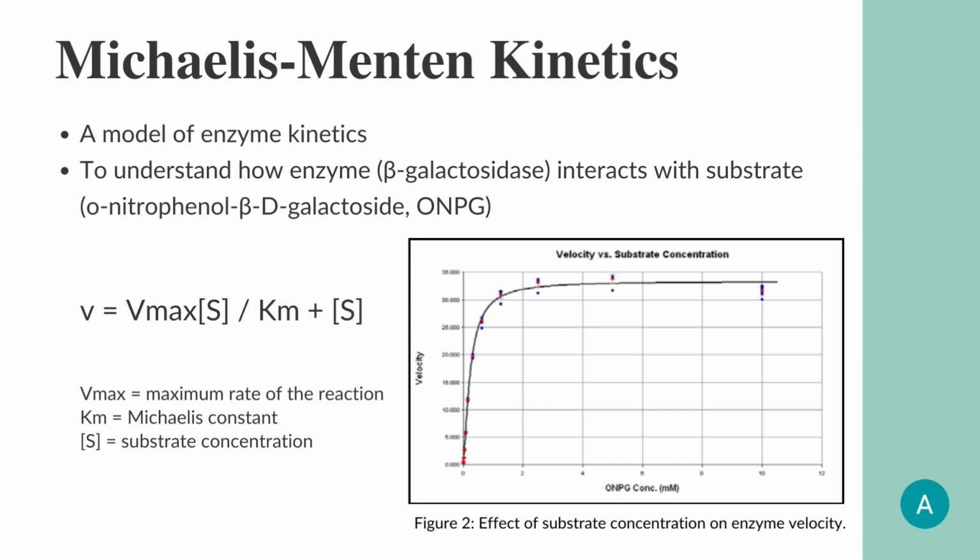The graph is a visual representation of the Michaelis-Menten equation, where the equation relates the maximum rate of the reaction, Vmax, Michaelis constant, Km, and the substrate concentration. These kinetic parameters of Vmax and Km will be explained further in the next slides.